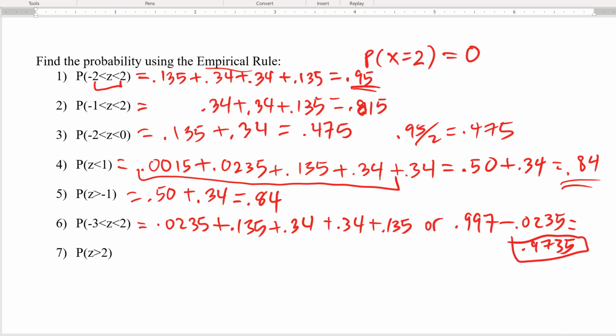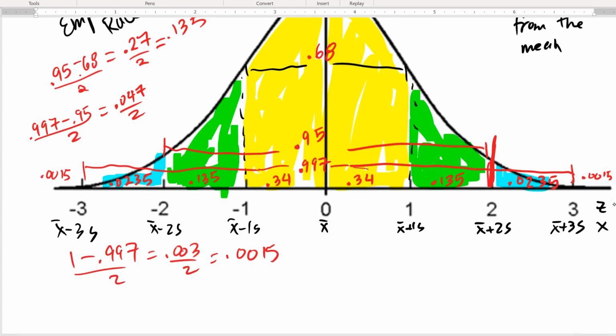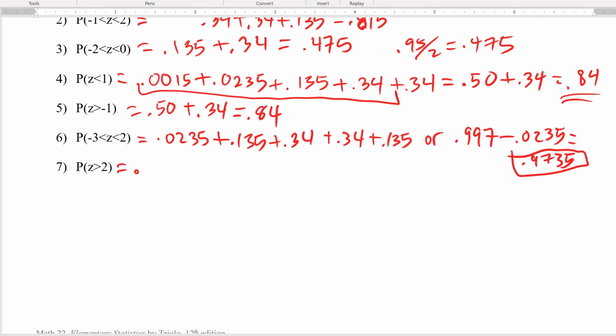And greater than 2, I can take and add these two pieces, 0.0235 plus 0.0015. And what would that be? 0.025.